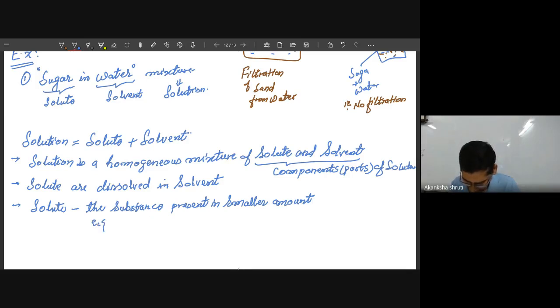For example, here what we have taken was sugar. But the solvent is the substance which is present in a larger amount.